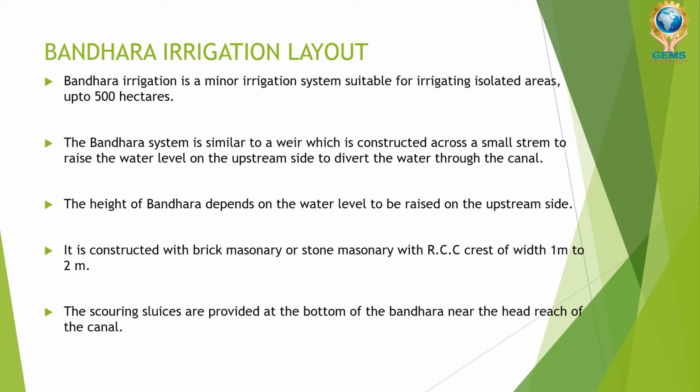If you see the ancient civilization times, they constructed this Bandra in wood. But after the industrial revolution took place, the Bandra irrigation layout was totally changed to brick masonry and stone masonry, constructed with reinforced cement concrete with a width of 1 meter to 2 meters.